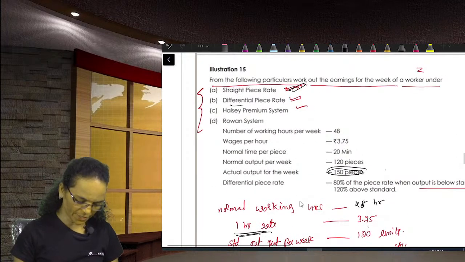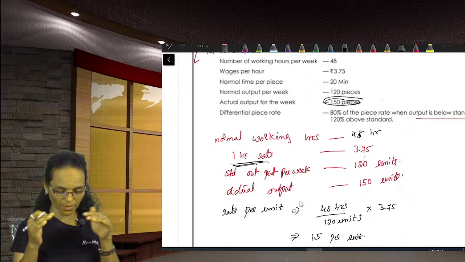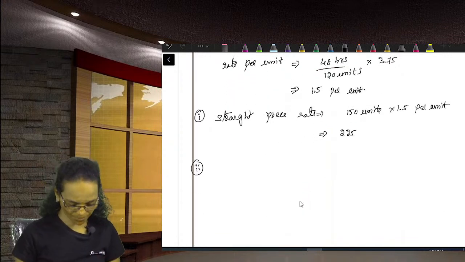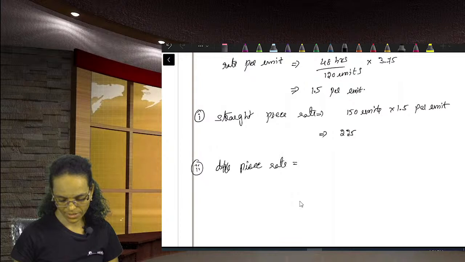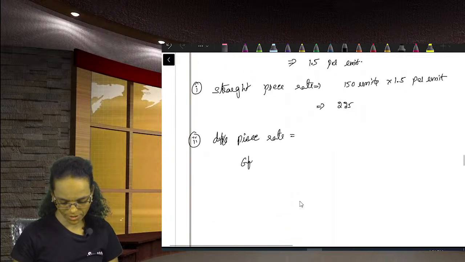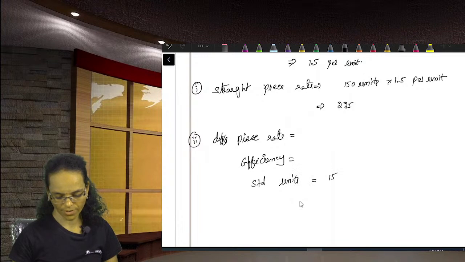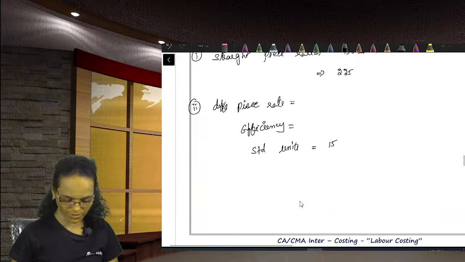Next one, differential piece rate. Differential piece rate is given two types. Differential piece rate means we need to know the efficiency. What is the efficiency of the employee? For that, standard is given. Standard units to be produced, 120 units, but he produced 150 units.